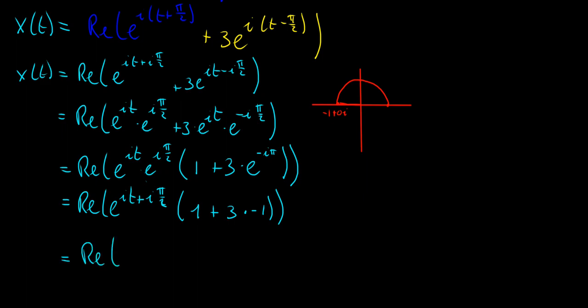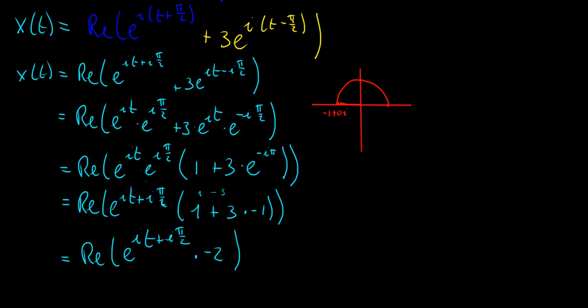Now rewrite what is in the bracket, because now we can add 1 plus 3 times minus 1. It's e to the power it plus i pi divided by 2. Here we get 3 times minus 1, it's minus 3. So 1 minus 3 is minus 2, so we multiply with minus 2, like this.